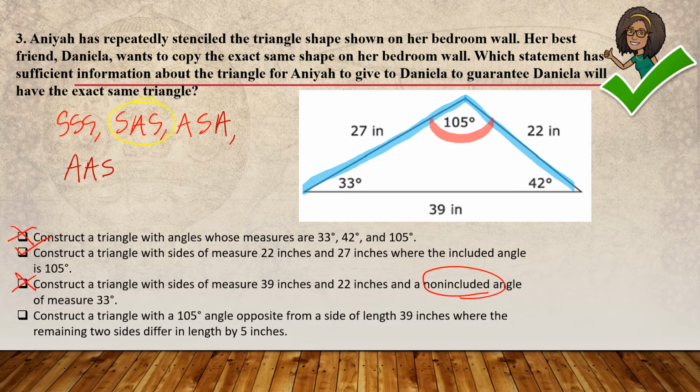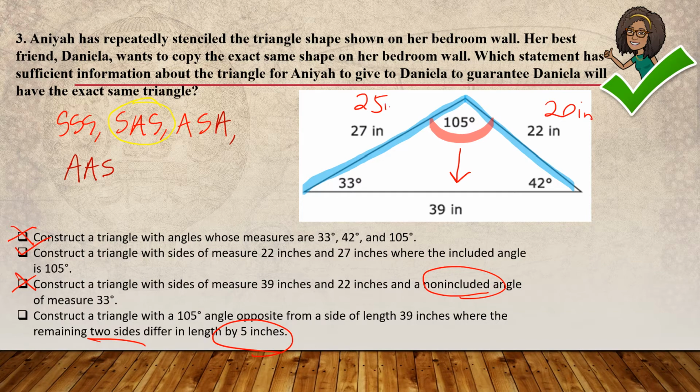And then last one, construct a triangle with a 105 degree angle opposite from the side of length 39 inches, where the remaining 2 sides differ in length by 5 inches. So yes, we do have a 105 degrees across from the 39-inch side, but the fact that it says the remaining 2 sides differ by 5 inches, that could be any length. That could be 25 and 20 inches.